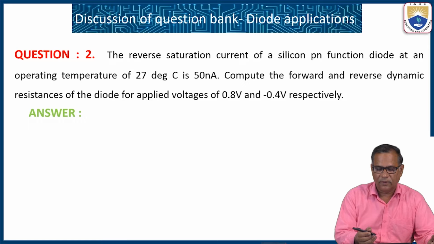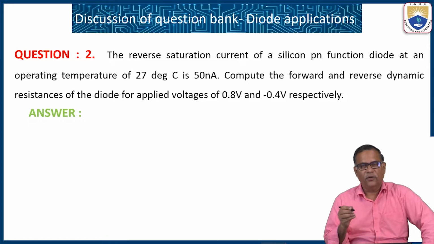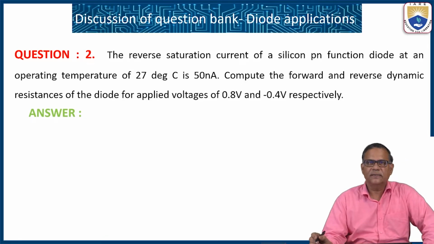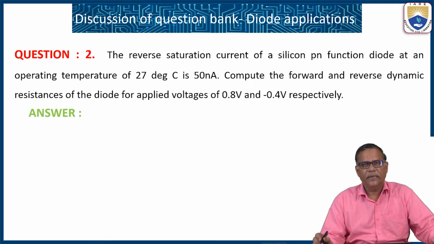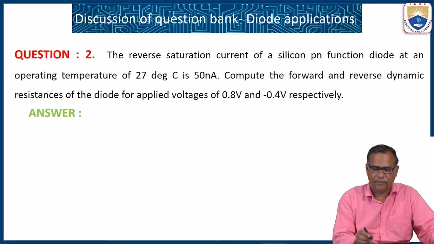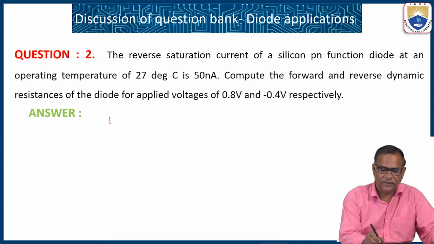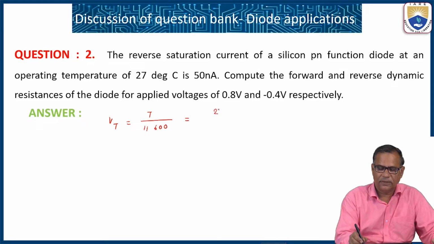So here we have to calculate the value of Vt first. Vt is nothing but the voltage equivalent of temperature, and that is given by T by 11,600. So first let us calculate Vt. T divided by 11,600. So T is 273 plus 27 divided by 11,600.